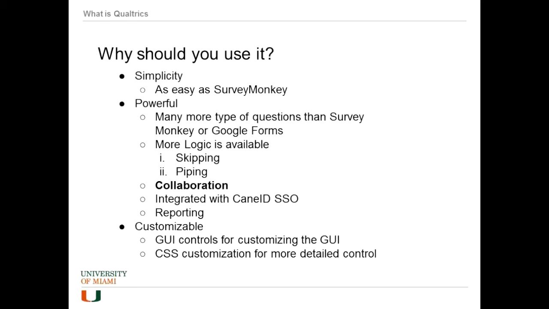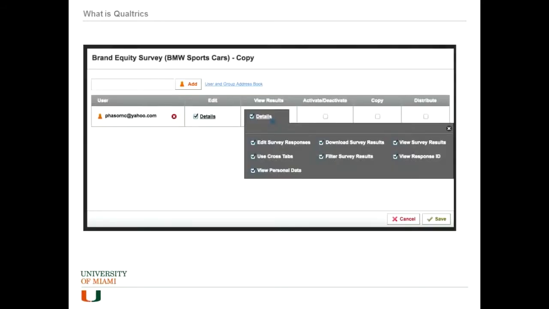The next big thing that Qualtrics gives you is collaboration. You can very easily work with other people without having to share passwords or account information. It can be pretty much anyone with an email address, and you can finely tune what kind of access that person has.